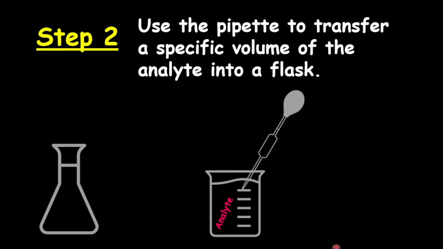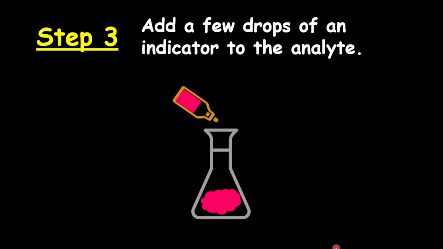You need a specific volume of that analyte because the titrant is already in the burette. The analyte is going to be in a flask at this point. You transfer a certain amount and release it into the flask. Then you add a few drops of indicator into the analyte. The indicator will tell you when the reaction is complete.